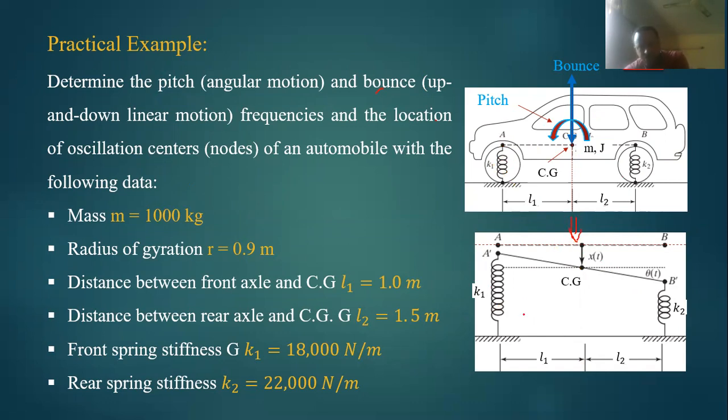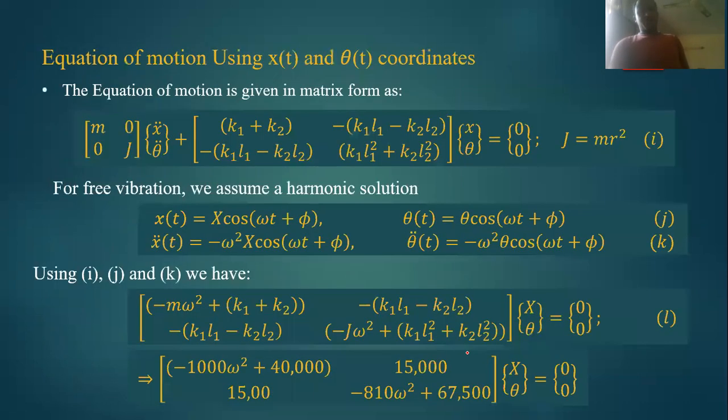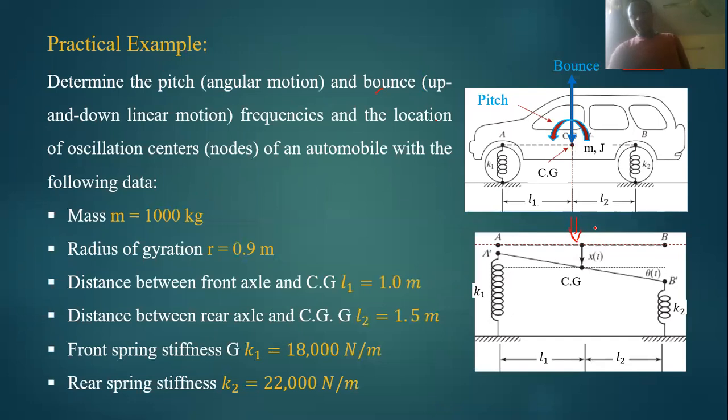So we can take this to the vibration model form. Now let's develop the equation of motion. The general equation of motion, because what we are considering here is about the center of gravity, we didn't consider the offset distance or eccentricity e.